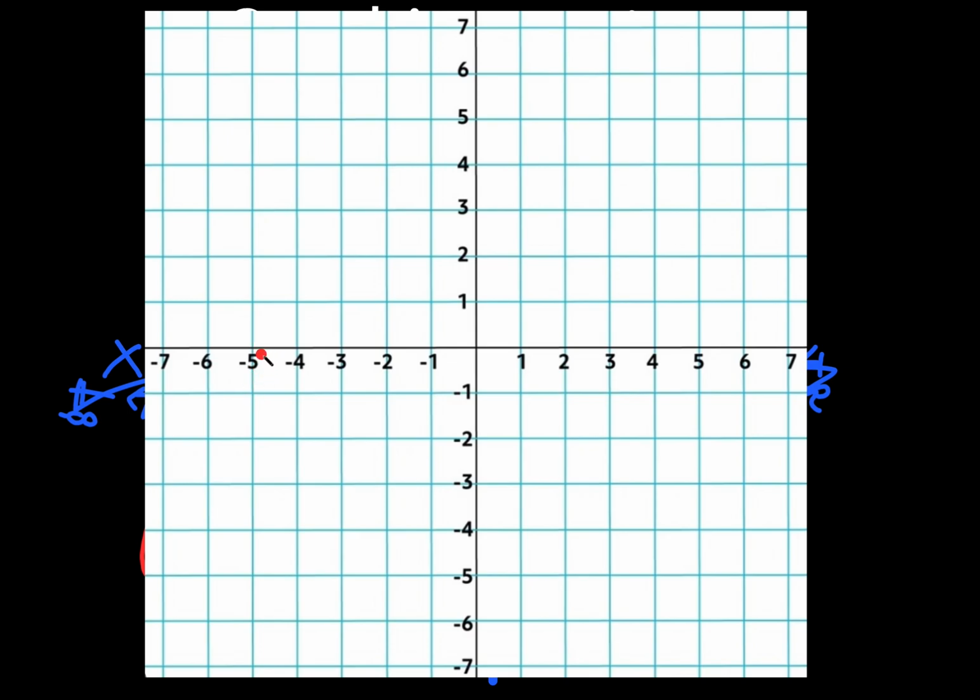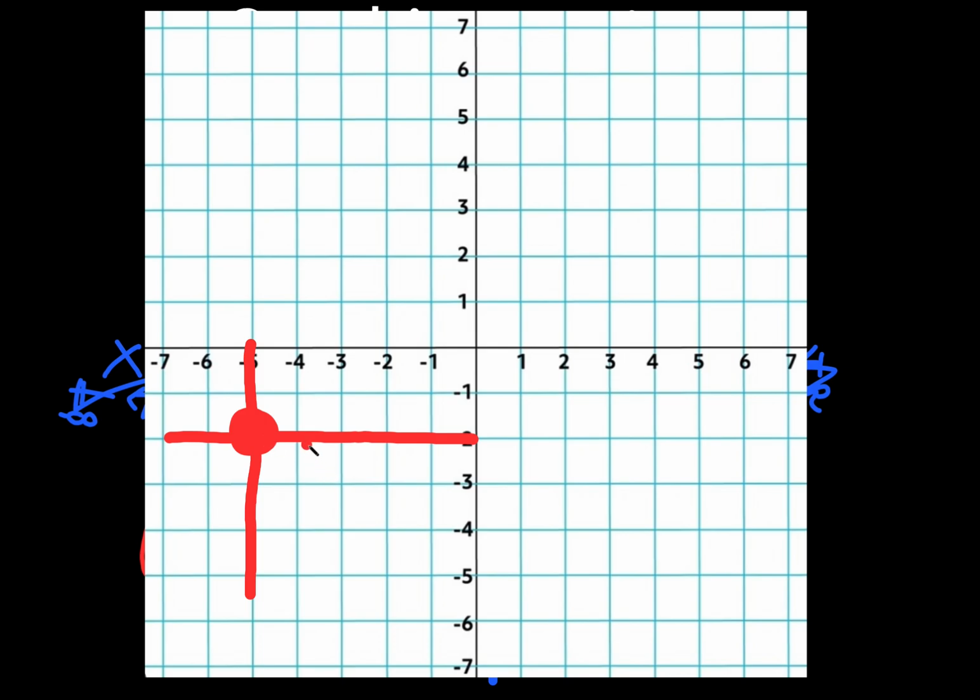So if we're looking for -5, -2, we'll do the same while remembering our point is going to be on this line. Let's find -2 on our y-axis. It's going to be right here. So we will trace the lines created that are perpendicular to each of these two areas, and where they intersect is going to be our point.